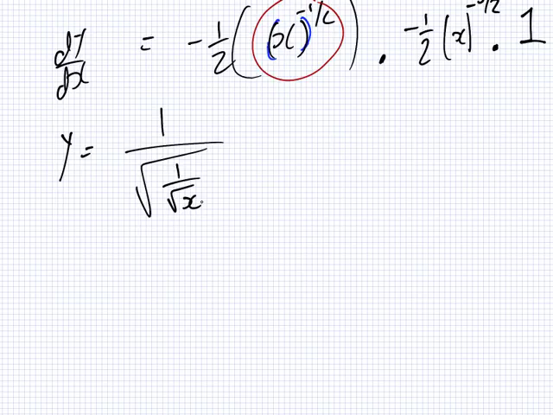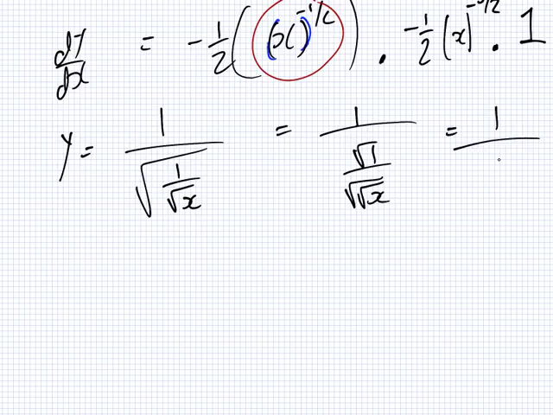I have to simplify it a little bit. This is 1 over root 1 over root x, which is 1 over x to the power a quarter. Fourth root, yeah.